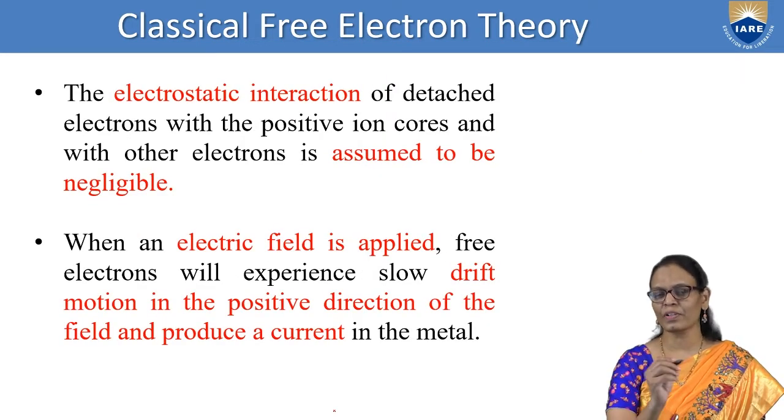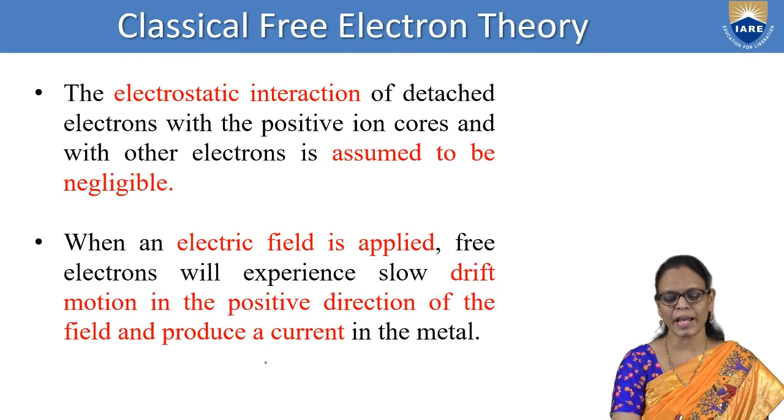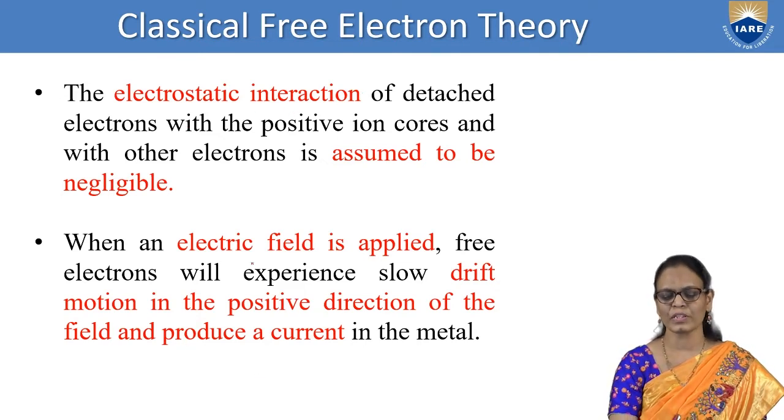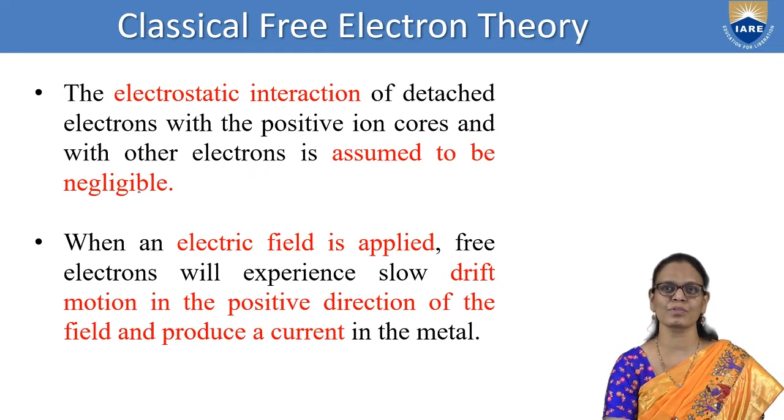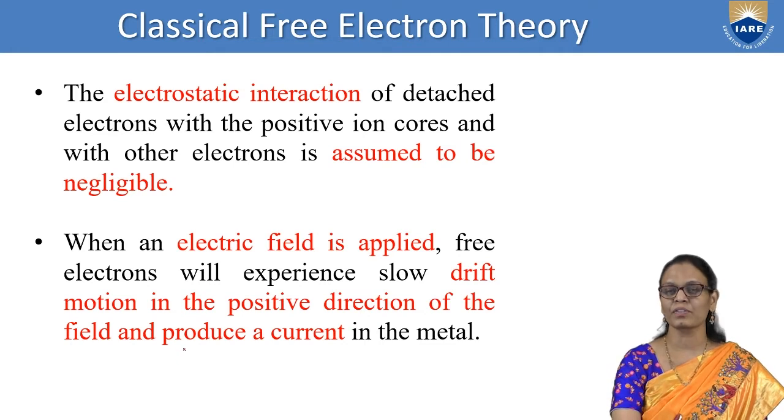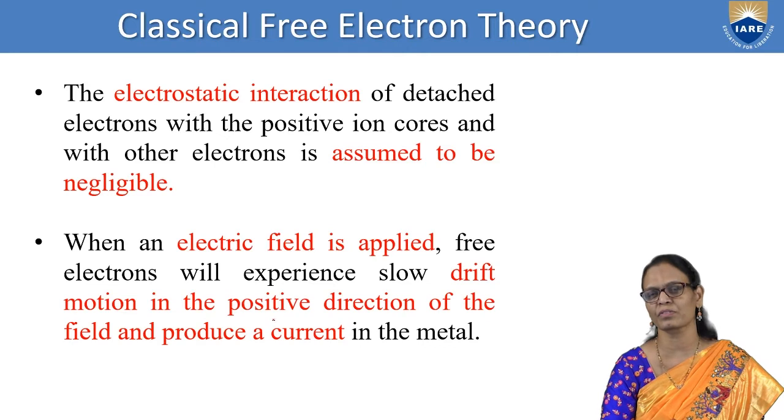Now, when we consider these free electrons, the electrostatic interaction of the detached electrons with the positive ion cores and with other electrons is assumed to be negligible. Actually, this becomes a drawback of the free electron theory.